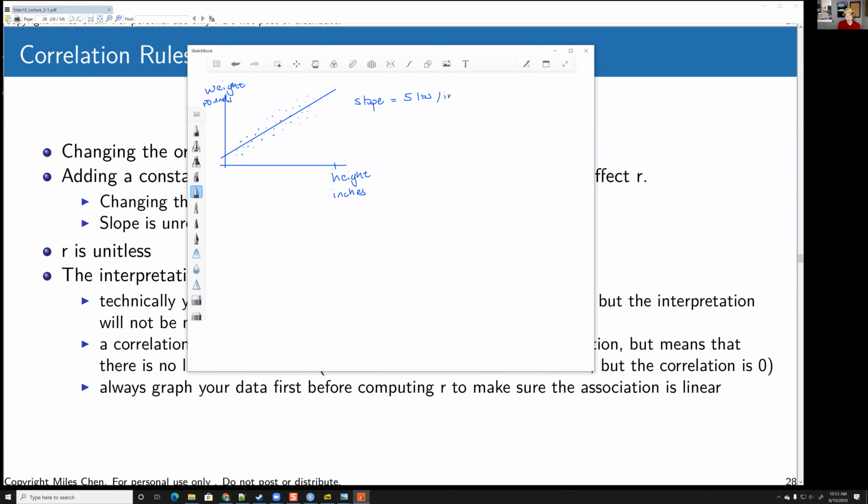So basically our slope is equal to 5, meaning that if the height goes up 1 inch, we expect the weight to go up 5 pounds.